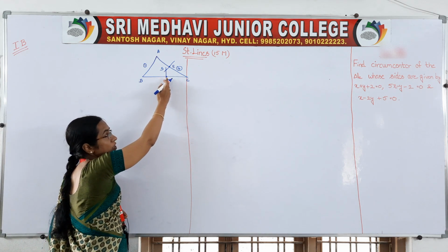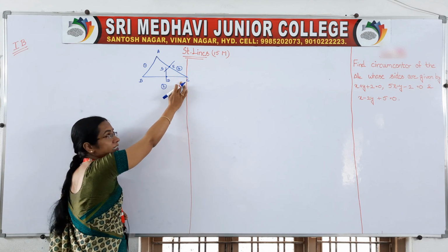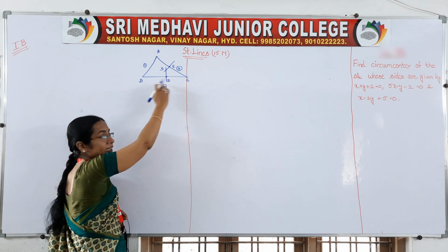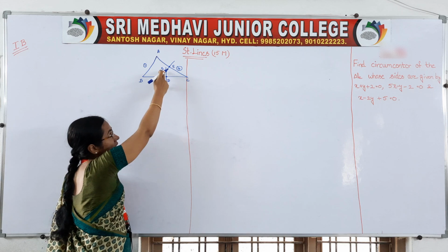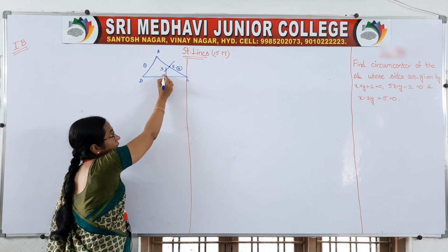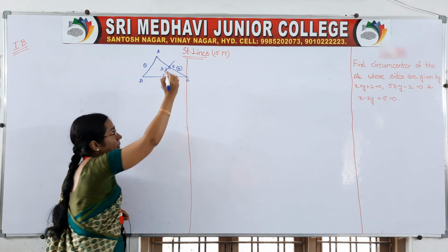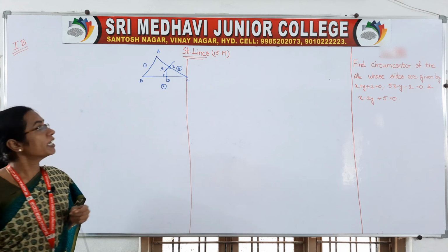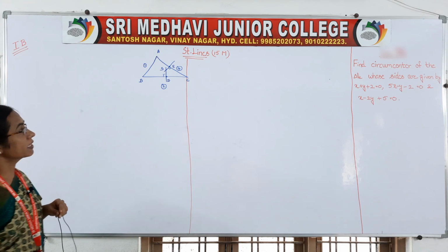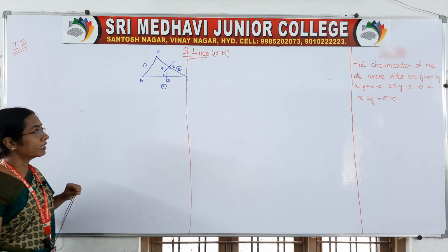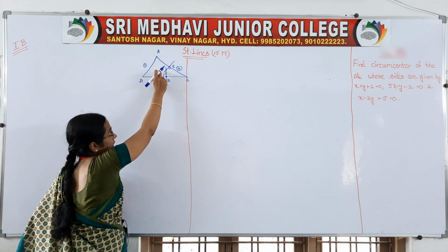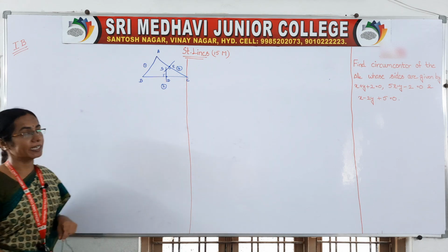The line which divides the other line exactly into two parts, cutting it perpendicularly. That is called a perpendicular bisector. If we take any two perpendicular bisectors of a triangle, their point of intersection is your circumcenter.